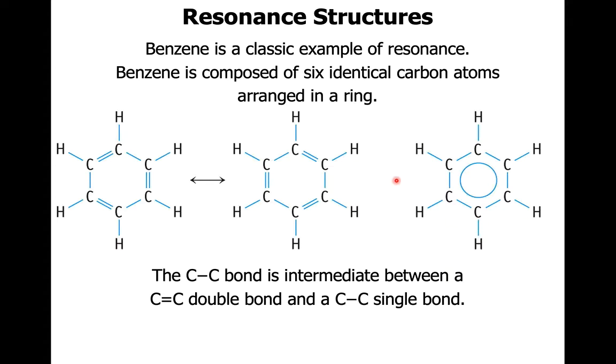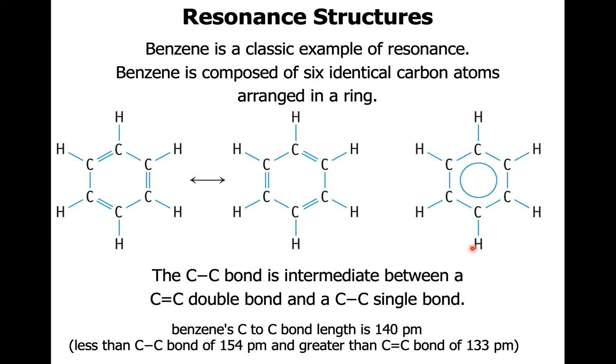Often in organic chemistry, and I'll do this quite often when I draw these also, we'll actually represent the molecule like this. This circle is to remind us that it's a delocalized representation, which is a blend of these two resonance structures. Benzene's carbon-carbon bond distance is 140 picometers. That's less than a carbon-carbon single bond at 154 picometers, but more than a carbon-carbon double bond at 133 picometers.